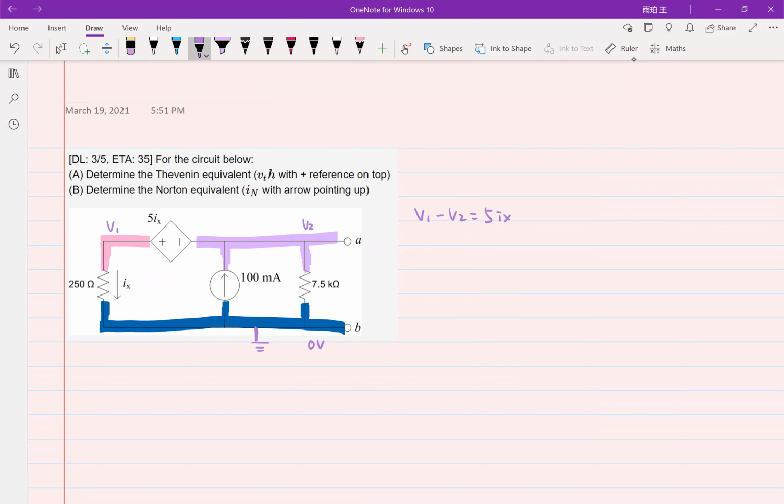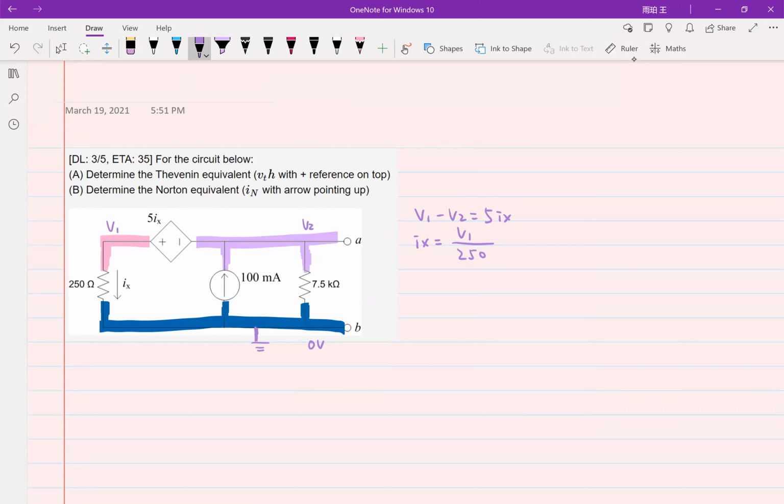And we realize there is a dependent source, and Ix is the current here, through the resistor that's 250 ohms. So I know that Ix equals the difference between V1 and the ground node, which is just V1 over 250.